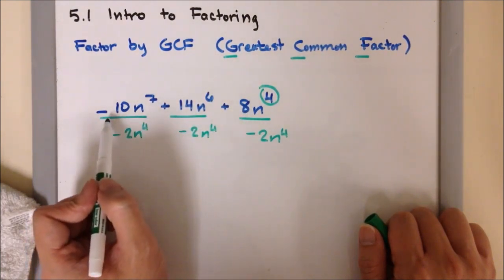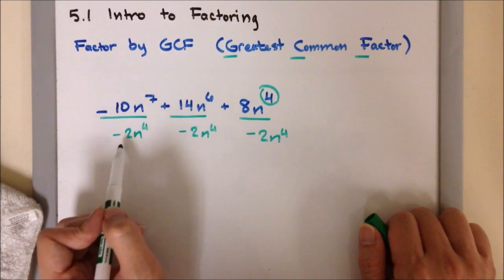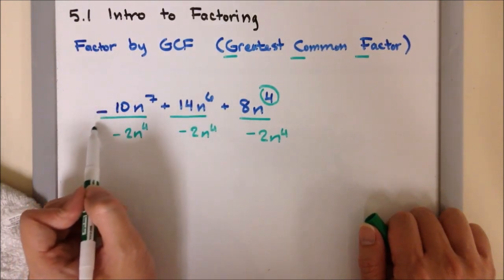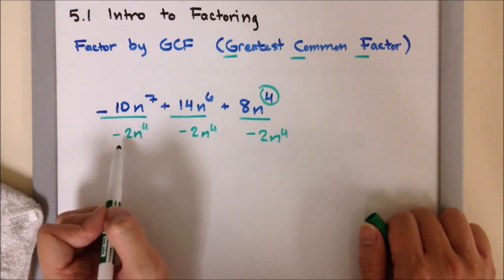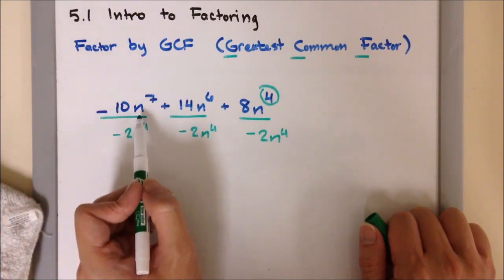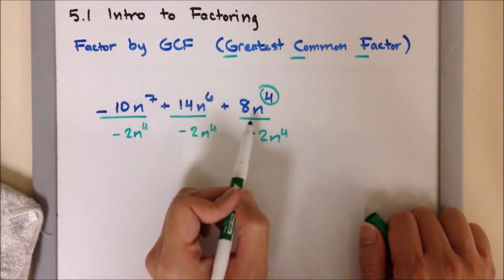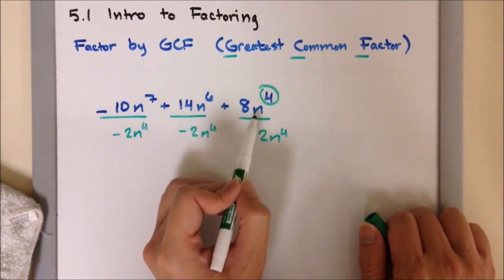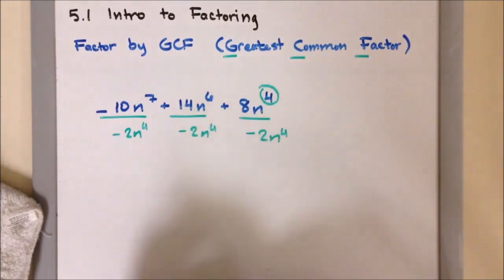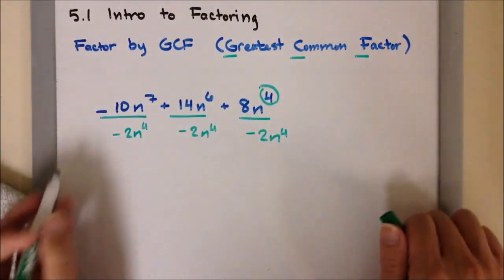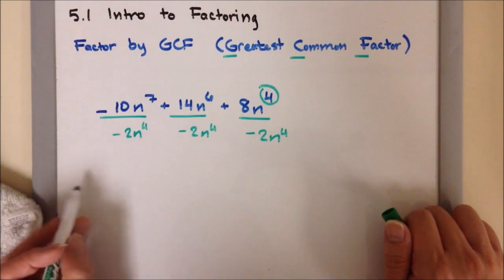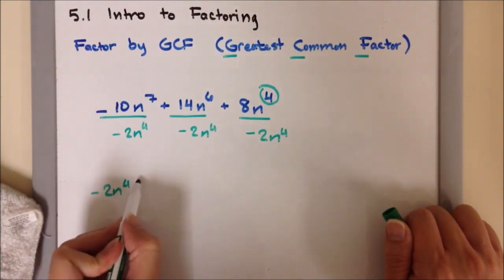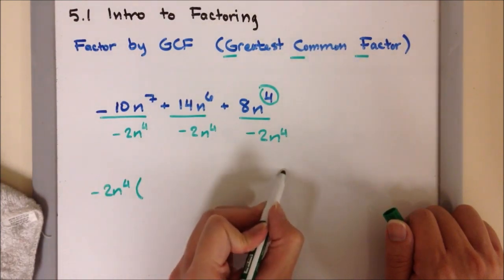What's in common with all three numbers is 2, and it's negative because the first term has a negative, so I'm going to divide by a negative. In addition, all three terms have n, so I'm going to divide by the lowest exponent, n to the 4th. I'm going to undistribute by negative 2n to the 4th power, so it will be outside or in front of the parenthesis.